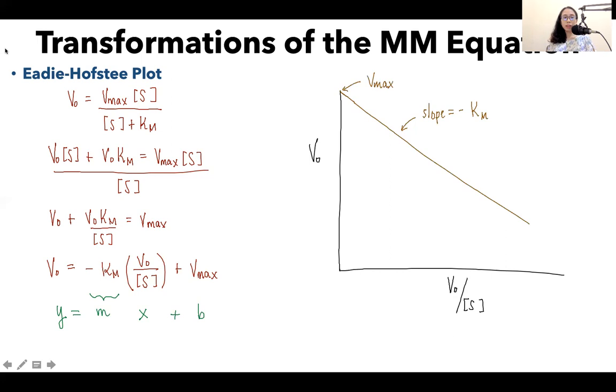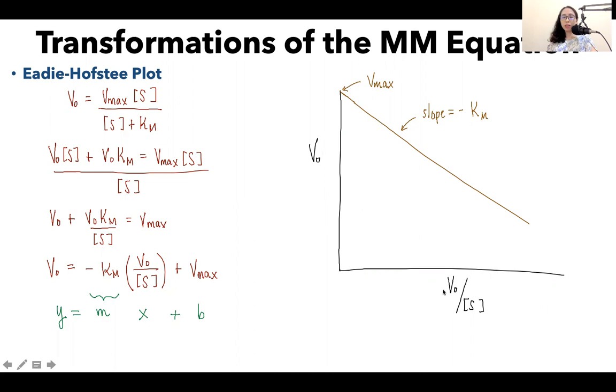Now, you might think that the Eadie-Hofstee plot is more direct because unlike your Lineweaver-Burk, wherein you're getting the reciprocals, this one will give you the maximum initial velocity directly, and likewise your Michaelis-Menten constant. However, notice that you have a dependent variable on both axes.